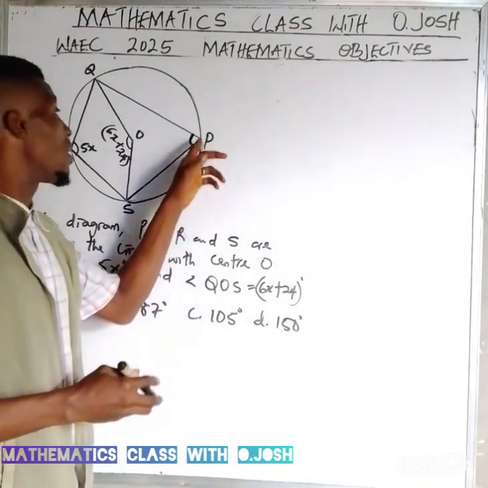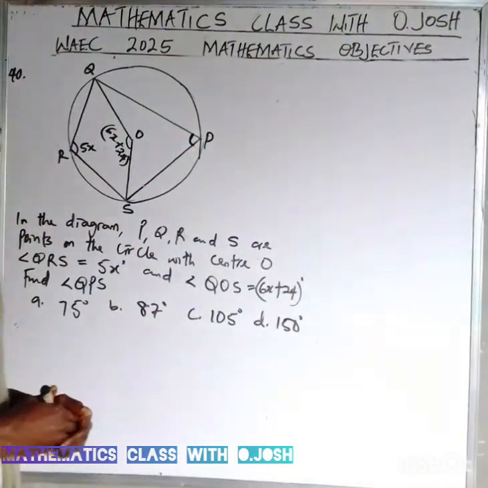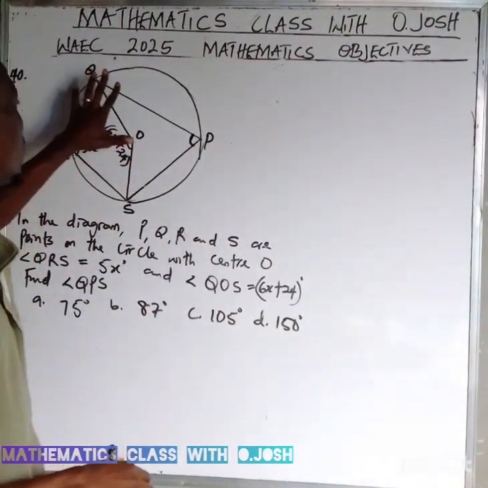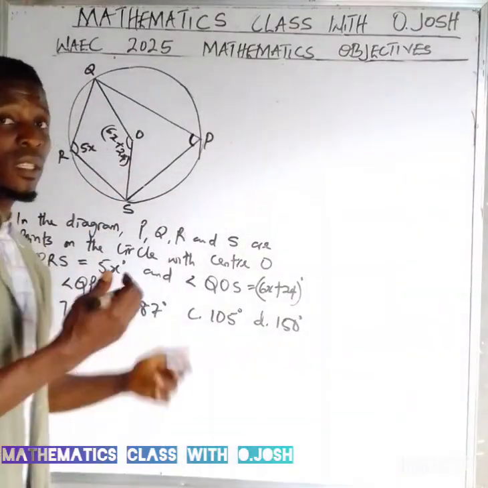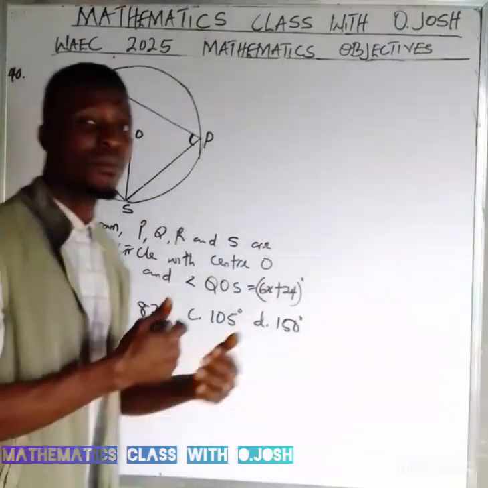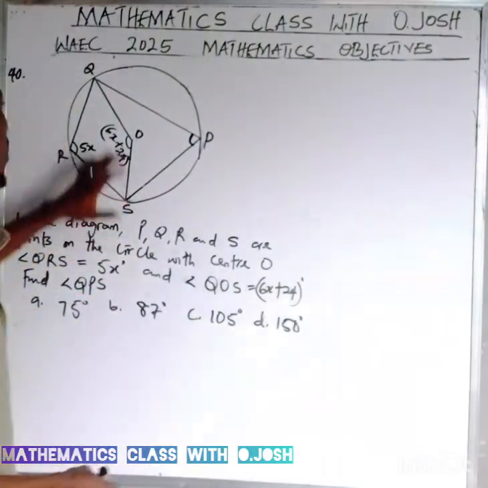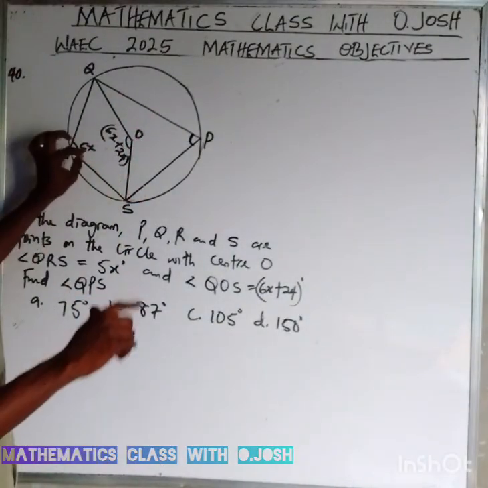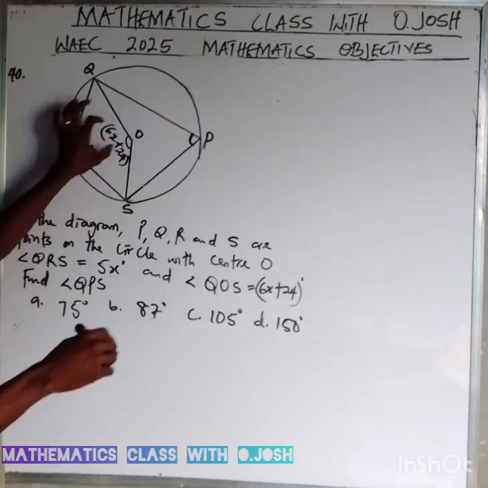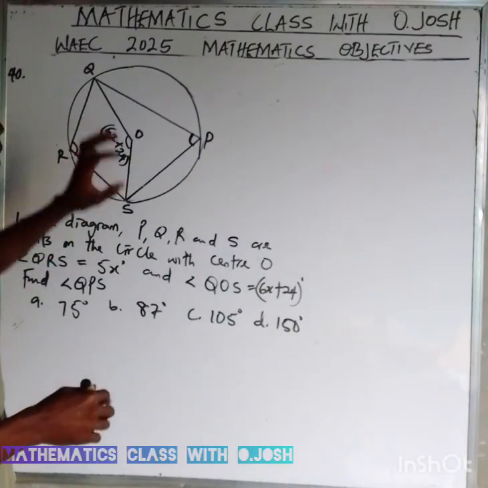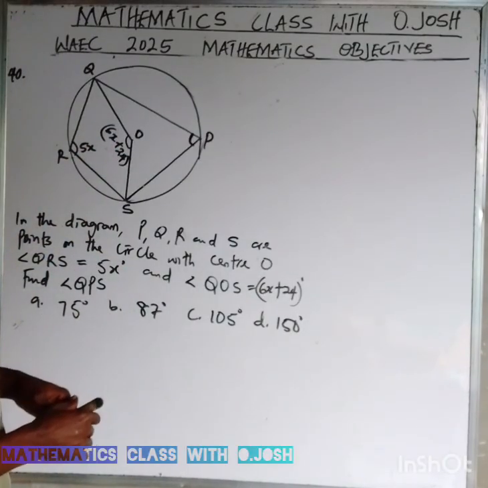Now to get the angle QPS, when we look at this diagram, this will remind us of some theorems in circle geometry. Let's first look for the value of x, because we don't know the value of this x here. So to get the value of this x, let's try to solve that out.